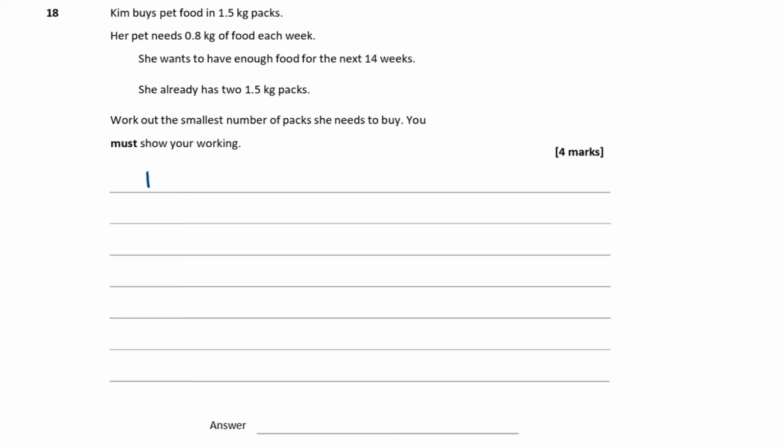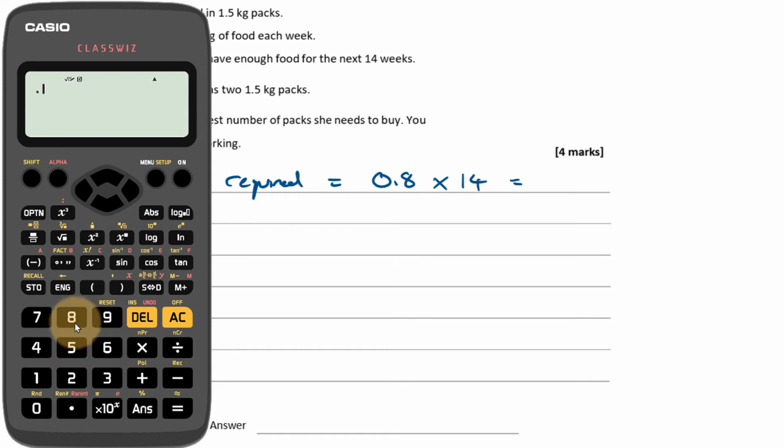So food required is going to be it needs 0.8 kilograms per week, and we want it for 14 weeks, so it's going to be 0.8 times 14. What's that then? That's 11.2 kilograms of food over the 14 weeks.